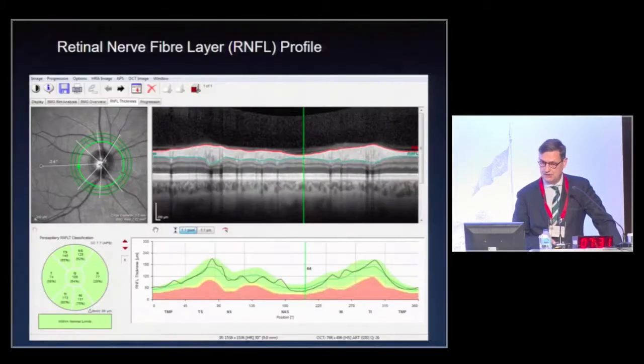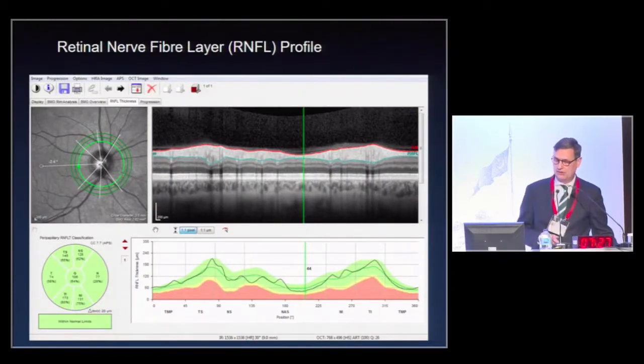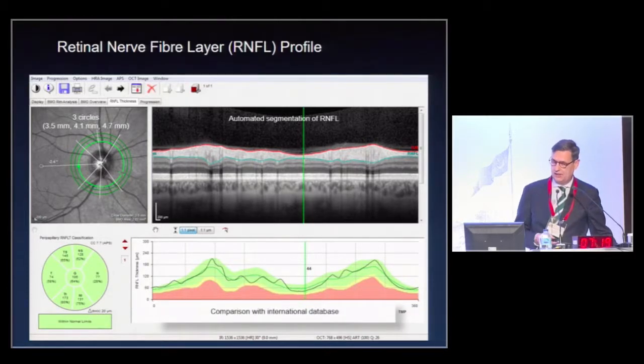intensifying your treatment. The retinal nerve fiber layer is measured with rings around the optic disc, and this double hump pattern appears again, and it's also compared with an international normative database, and the sectorial reading is the same as the minimum rim width.